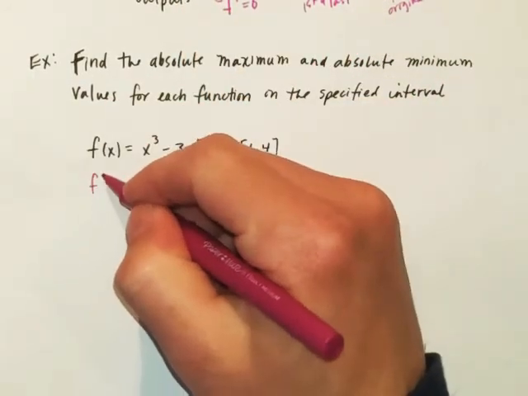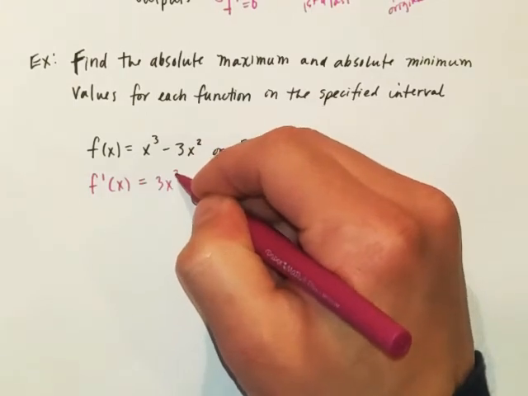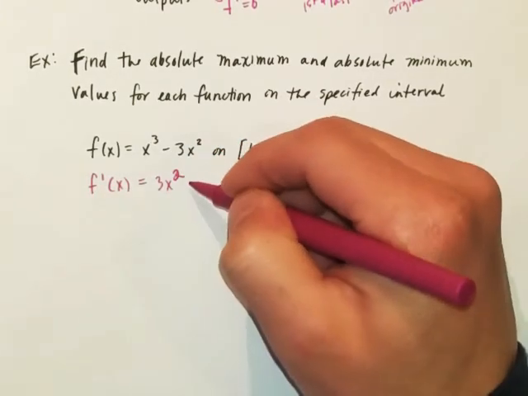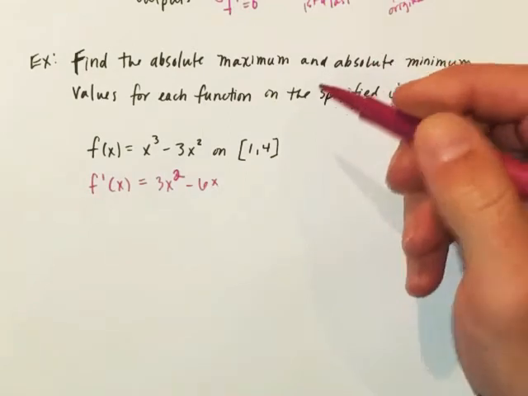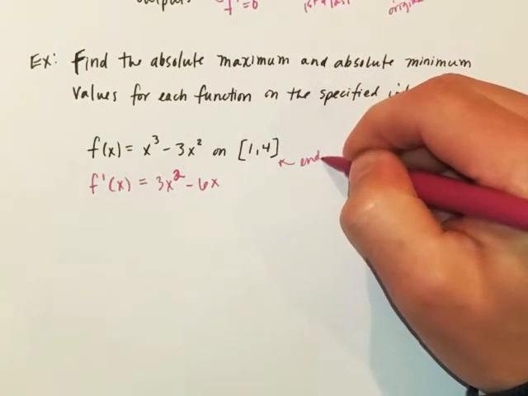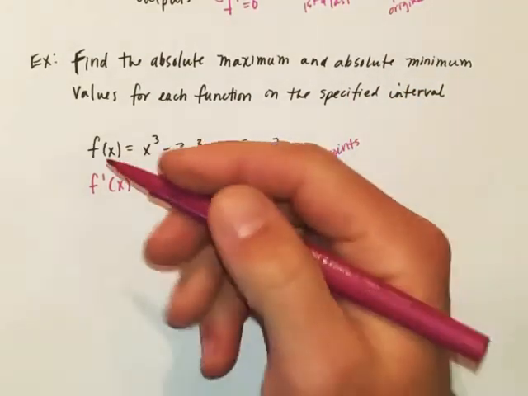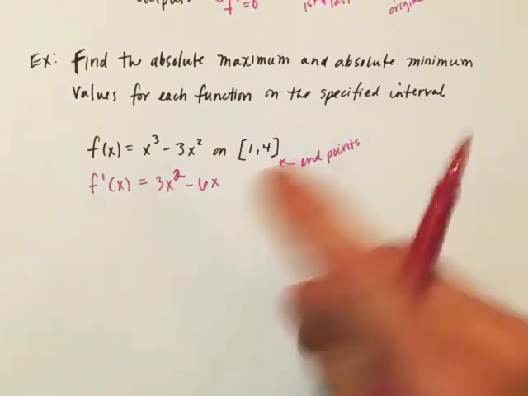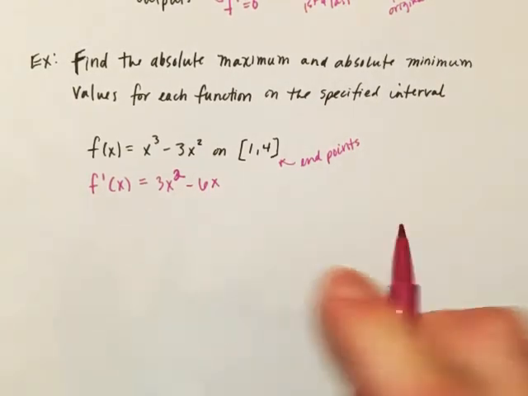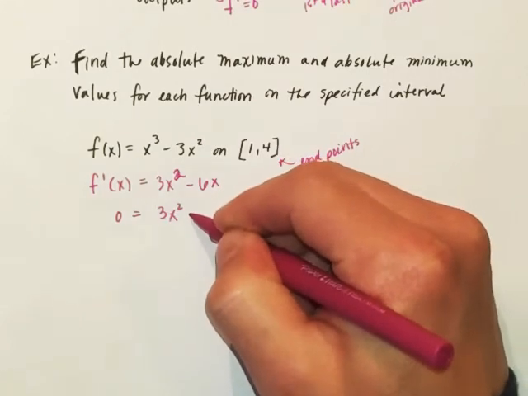So let's find where f prime equals 0 by finding f prime to start: 3x squared minus 6x. We're still talking about this interval. Maybe I should annotate here: these are my endpoints. What I'm doing here is finding my critical numbers, or critical points. So I found my derivative, and I'm going to set that equal to 0 to find my critical values.